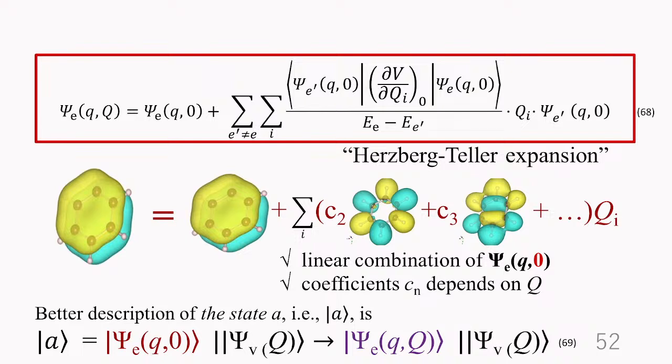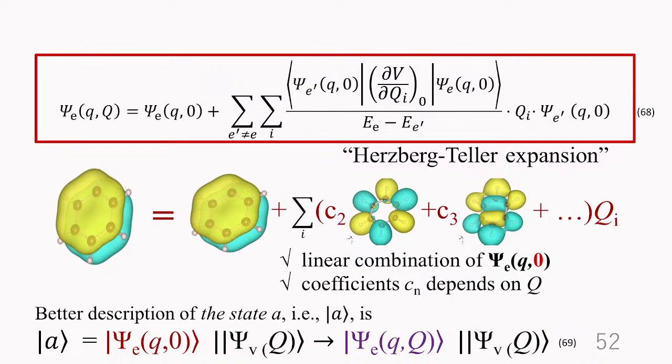So, the electronic wave function during the vibration is expressed as the original one plus some additional wave functions. Okay? So it's a linear combination of the static wave functions. And the coefficient depends on Q. Q means molecular vibration.